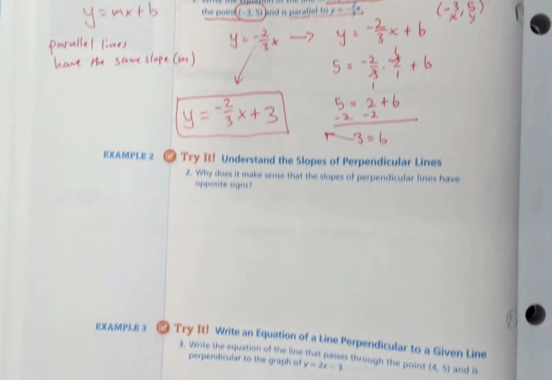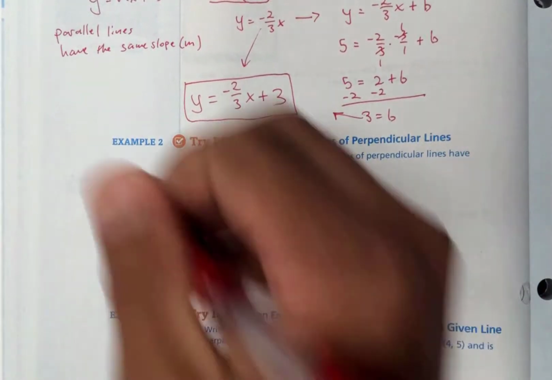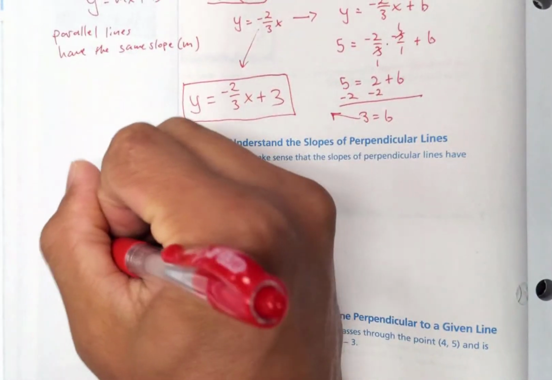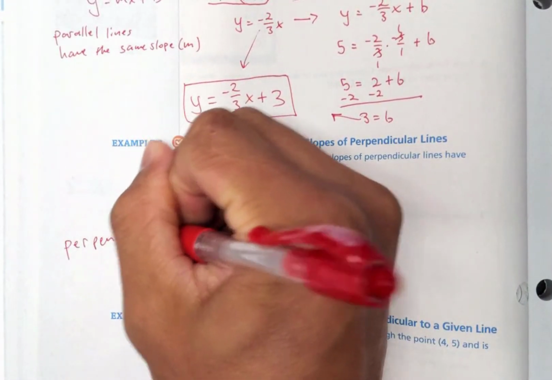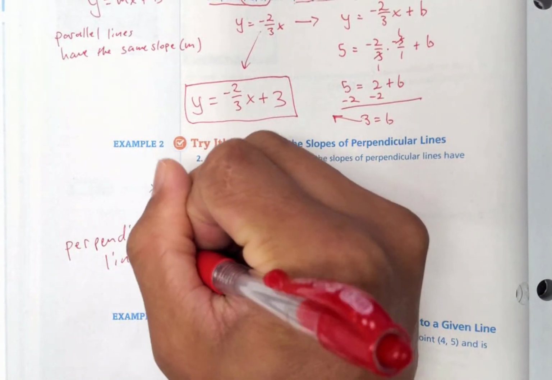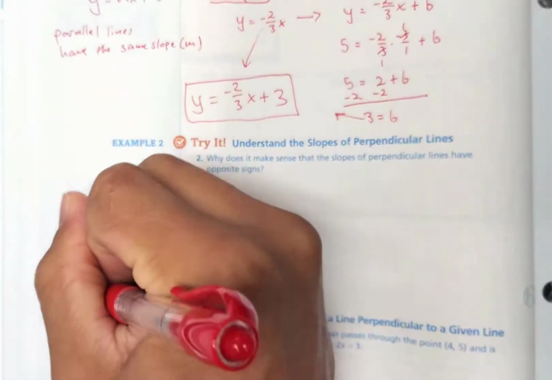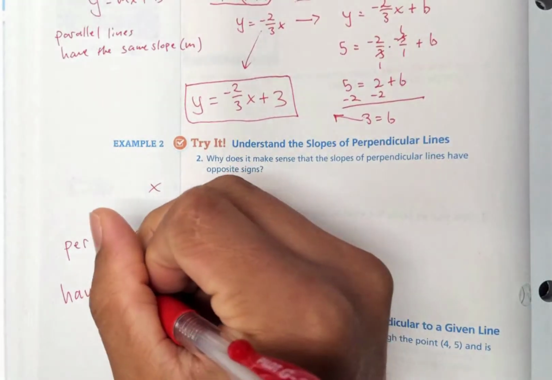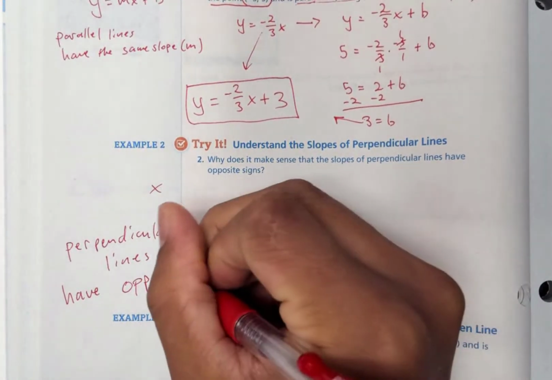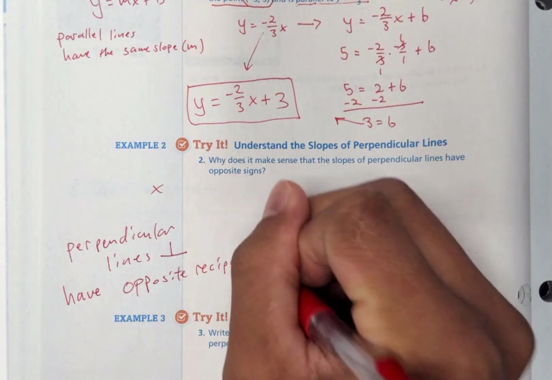So, example 2, it says, why does it make sense that the slope of perpendicular lines are opposite? We're going to skip this one, but I will tell you this. Perpendicular lines have opposite reciprocal slopes.